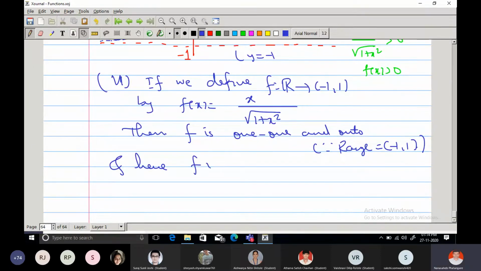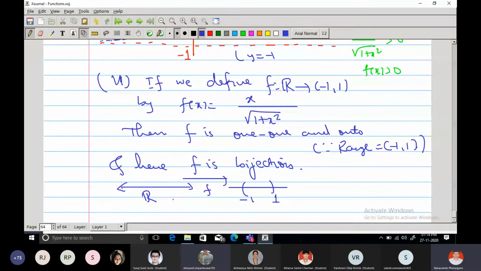Now there is a bijection between the set of real numbers, that means the whole line, and the small interval -1 to 1. What does it suggest from the previous discussion, right? This is the line, and this is just the interval -1 to 1. And f is a function from this to this, and a bijective function is there. So if there is a bijective function between two sets, then what can we say? Their cardinality is the same.